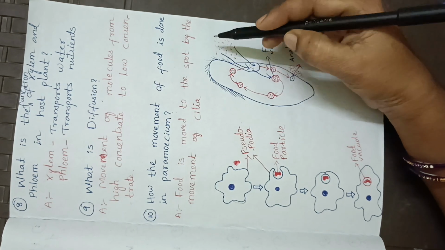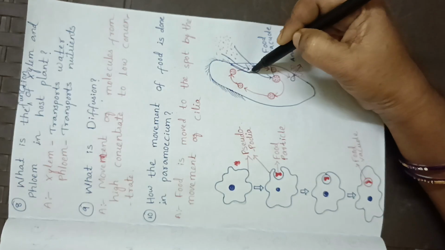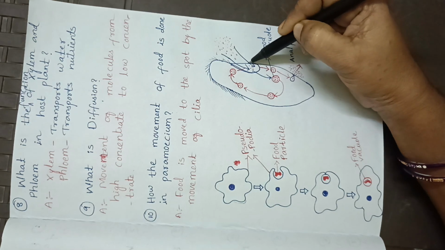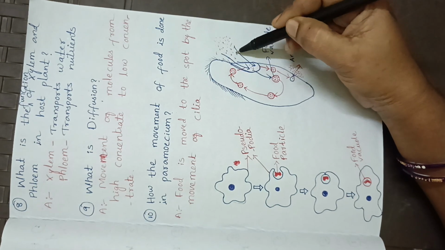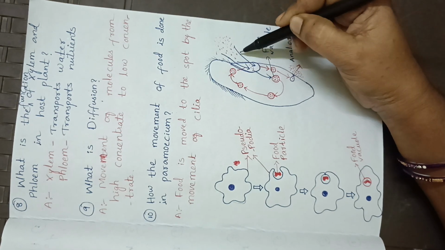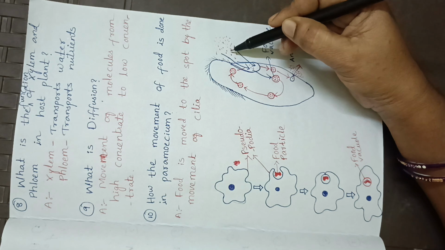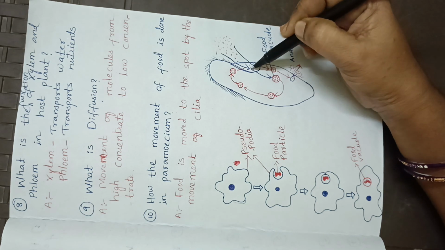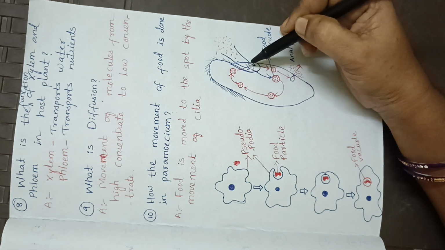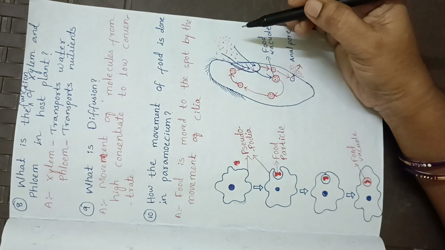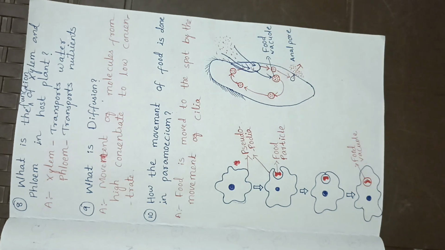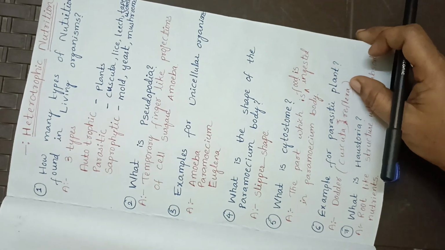Here there is an area useful for collection of the food. See, the red spots and arrow marks are given. This is helpful for entry of the food molecules, food particles. That area is known as the cytostome. Okay, clear.